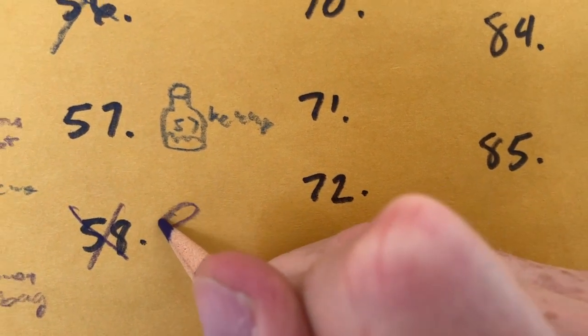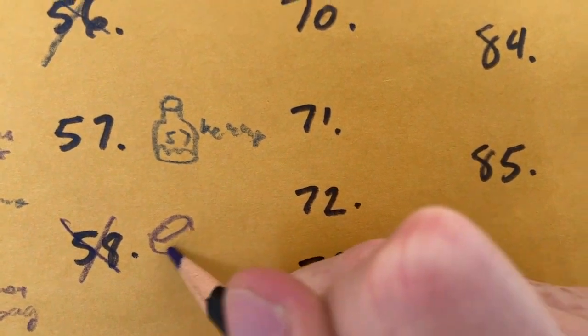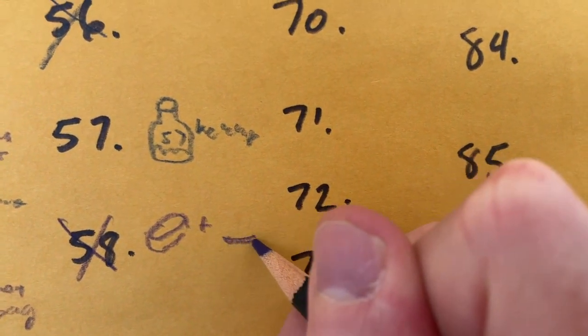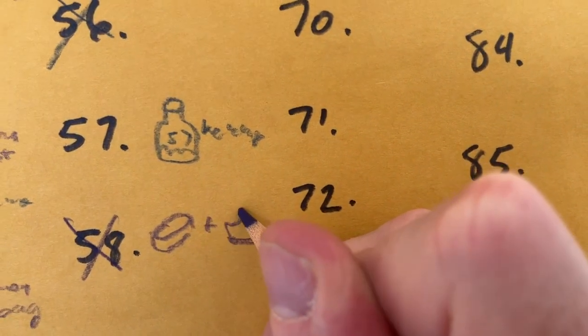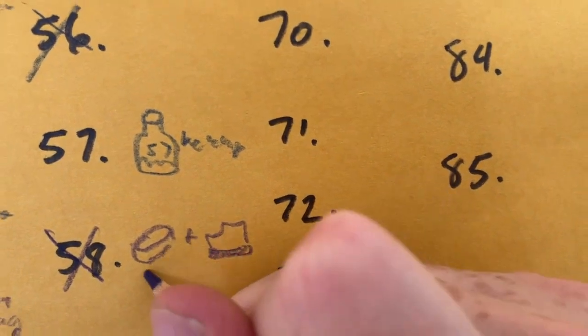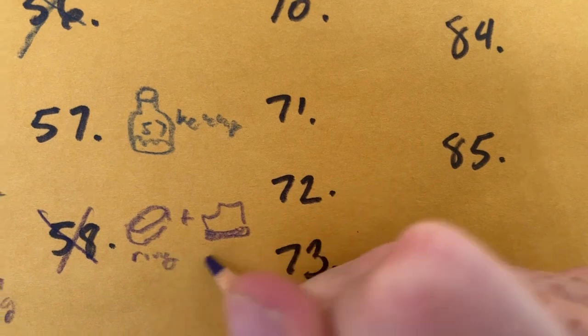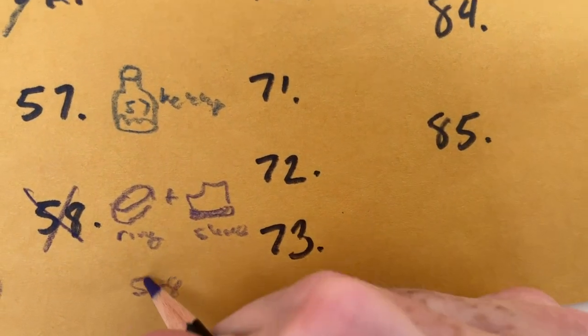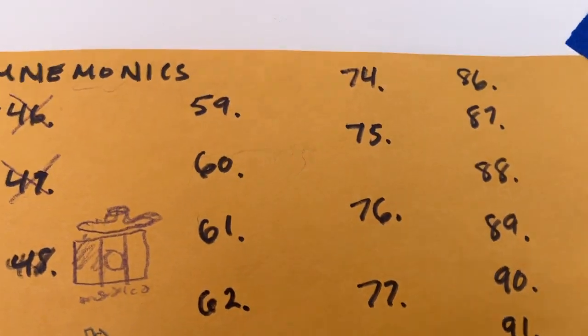So I'm just going to put ring, and I'm going to put skate. It's nice to have a library of little visual mnemonics, but if I don't know it, I could just add these two, ring and skate, so 5 and 8, and draw a picture with that.